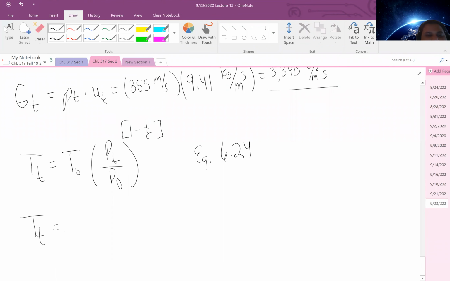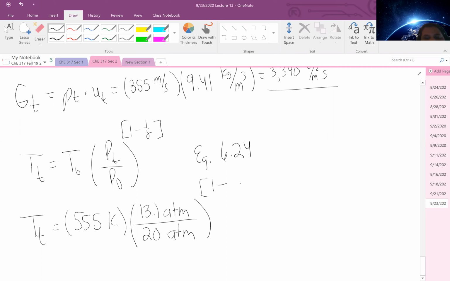And so the temperature at the throat is 555 Kelvin times 13.1 atmospheres over 20 atmospheres to the power of the quantity 1 minus 1 over 1.4. Which gives us approximately 493 Kelvin for the temperature at the throat.